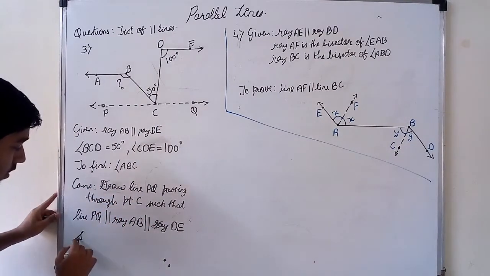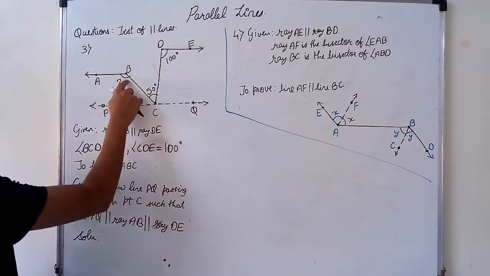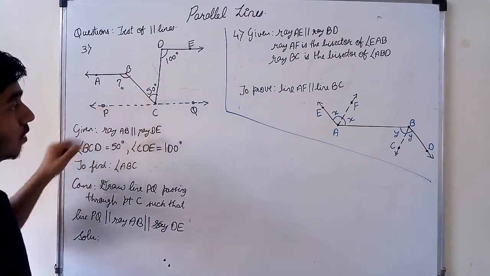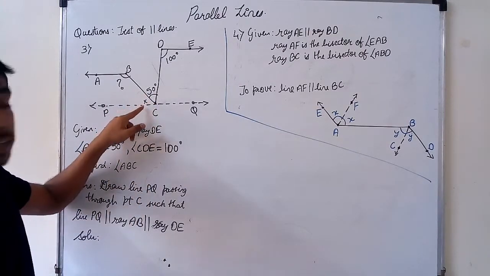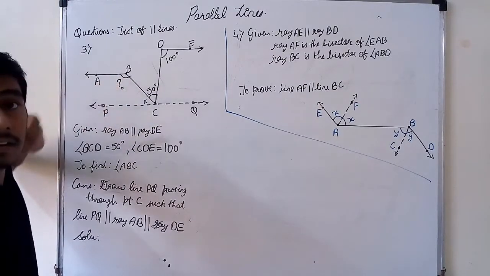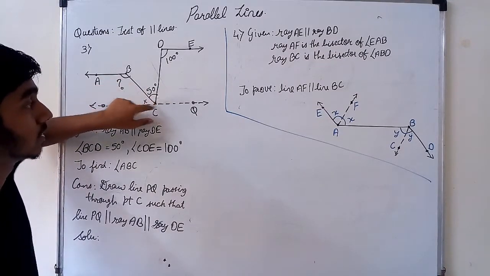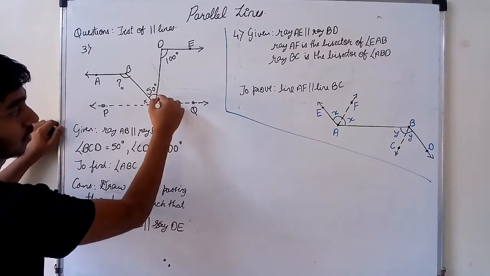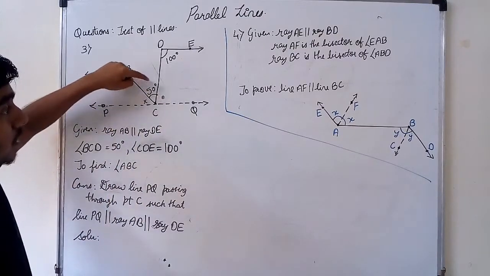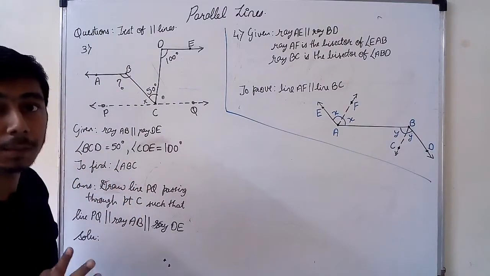Now let's see the solution part. We have to find this angle. If you want to find this angle, somehow we have to get this angle, by the interior angles test. But to get this angle, we have this, but we need this angle also, because these three angles, this angle plus 50 and this angle, form angles in a linear pair.